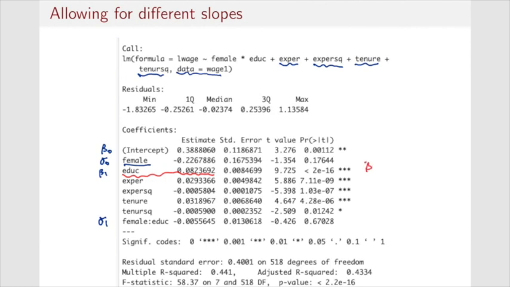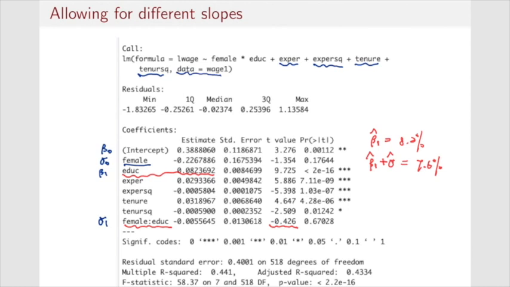The coefficient for education is the return to education for men, which is around 0.2%. The marginal return of education for females is beta 1 hat plus delta 1 hat, which is around 7.6%.